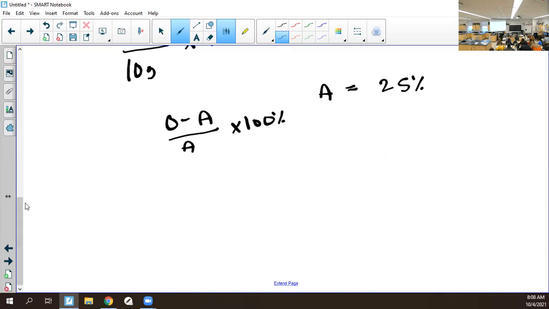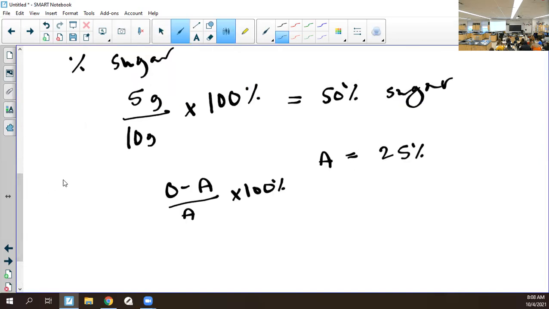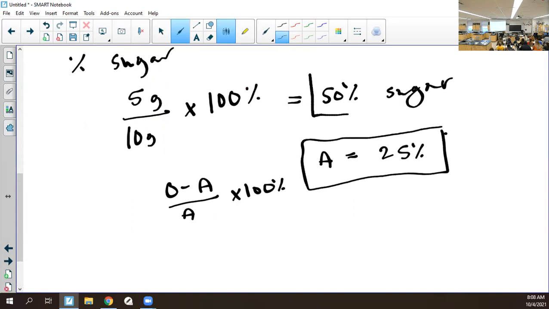So if we're looking at calculating the percent error for our percent composition, what are we going to do if we've got an accepted value of 25%? What would the 50% be? It would be the observed, right? So we've got 50% and 25%.